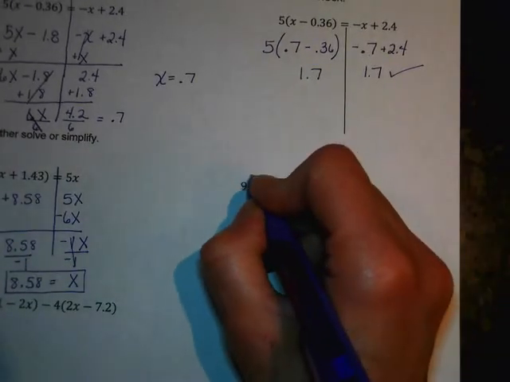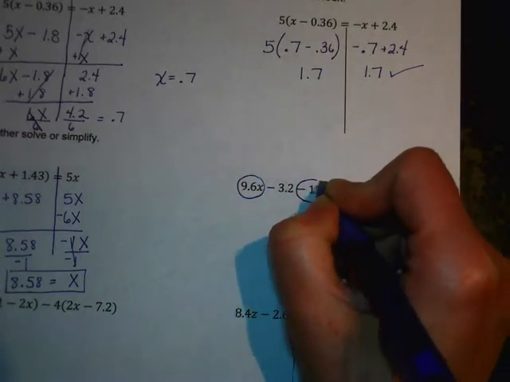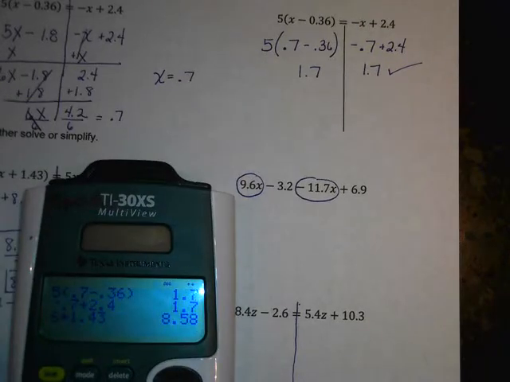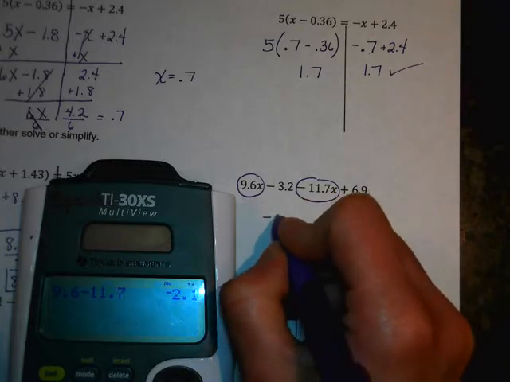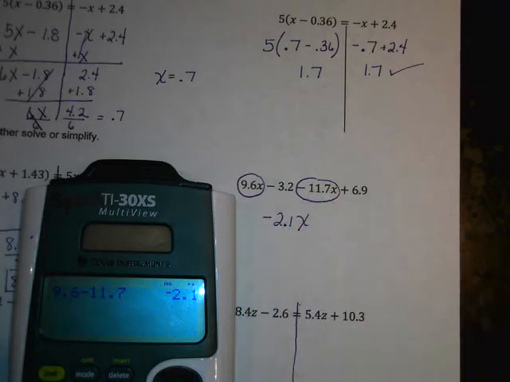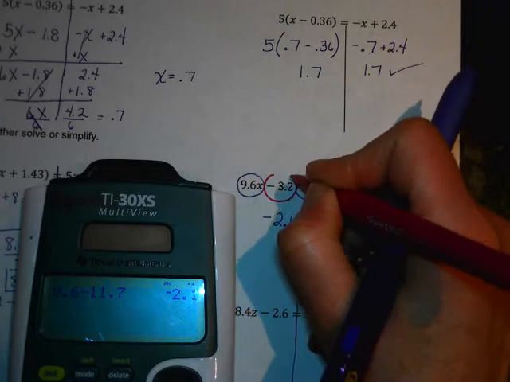Here, I'm just going to circle my like terms and combine them. So I'm going to pull out my calculator and I'll go 9.6 minus 11.7. So this will be negative 2.1x. Okay? And then these are like terms.